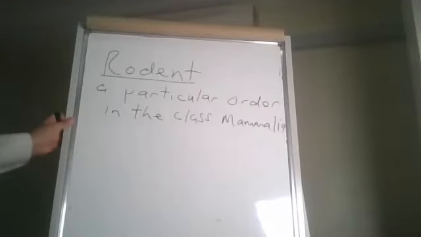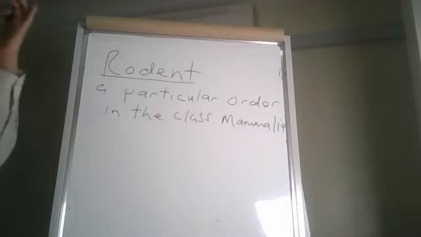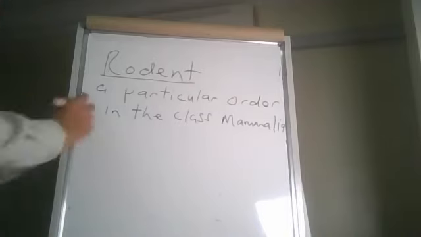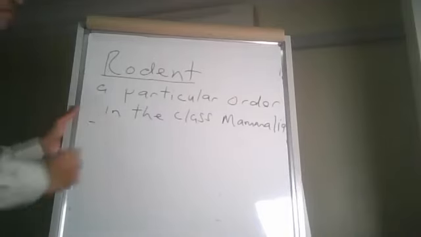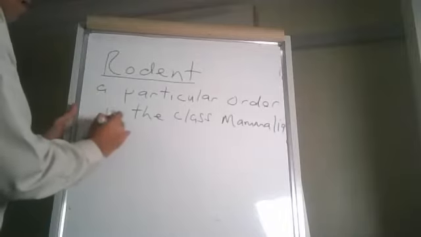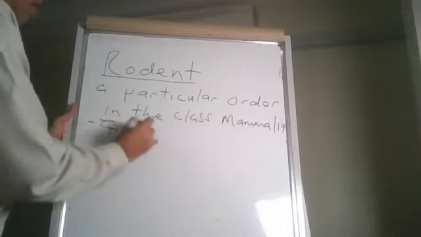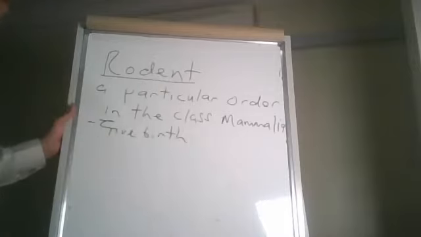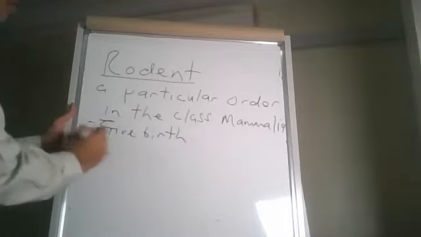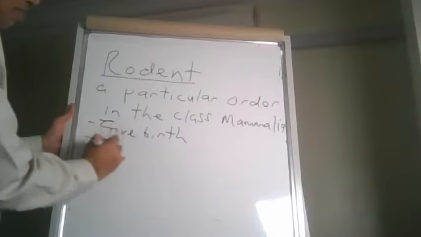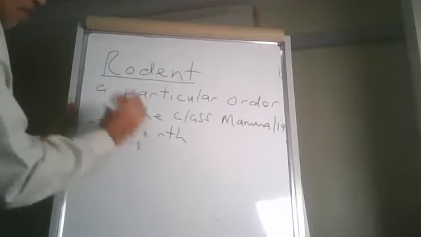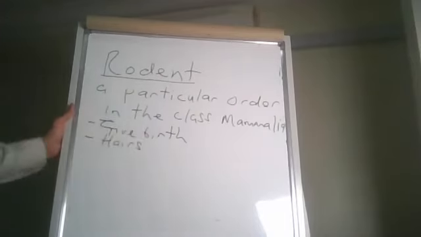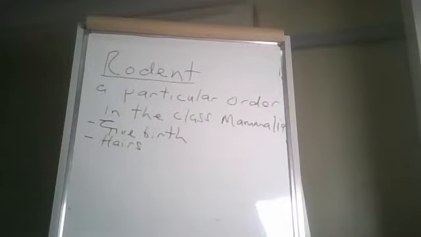Okay, everybody is familiar with mammals. Mammals, what are the characteristics of mammals? They give birth, okay, and they have covering of hairs. So basically, that's the most common feature shared by all mammals.